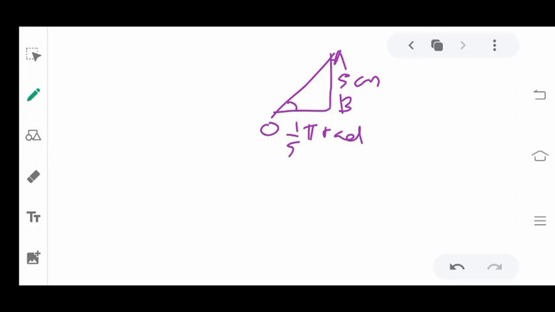So let's find OB first. OB is the base and the adjacent side, and the opposite side is also given.